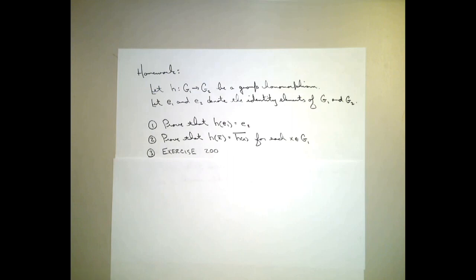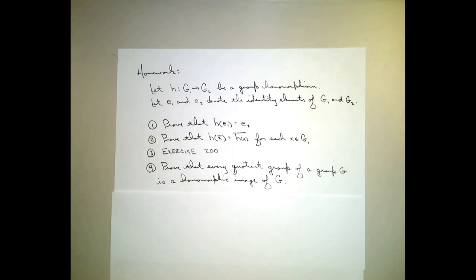Look that one up in the course notes. And then finally, what we just talked about: I want you to prove that every quotient group of a group G is a homomorphic image of G.